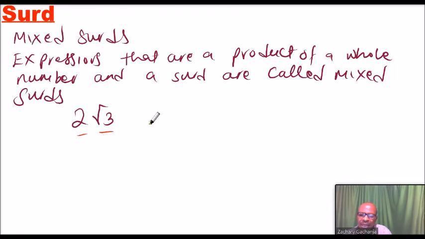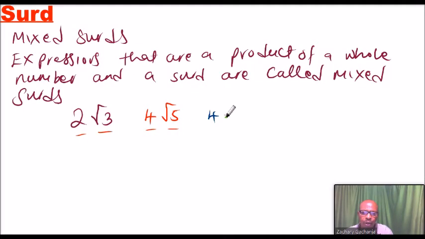Another example is 4 root 5. 4 is a whole number and root 5 is a surd. We can also talk of a half root 7, which is a mixed surd. So that is how we describe mixed surds.